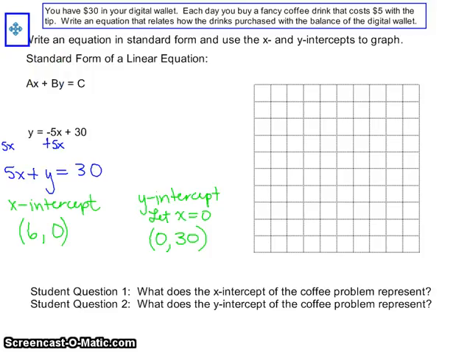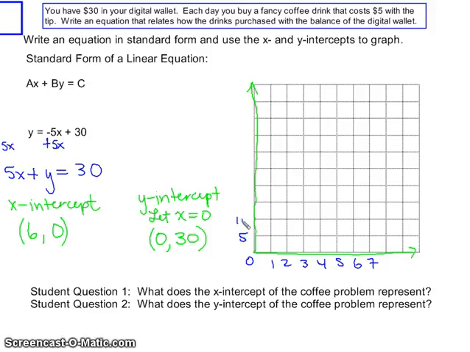This is a really nice way to graph because we can simply plot the points.